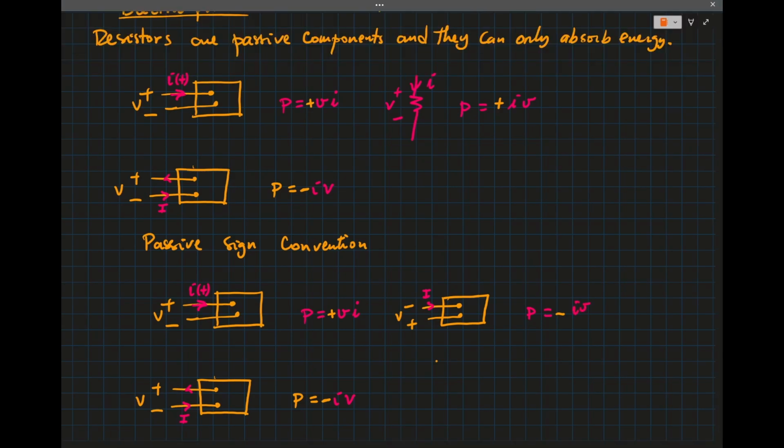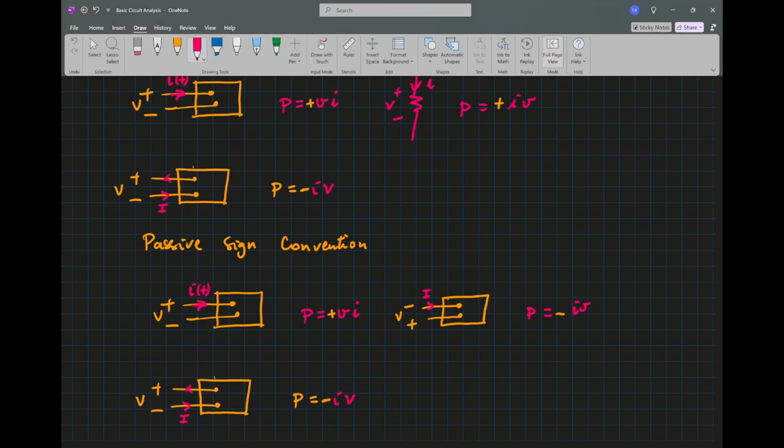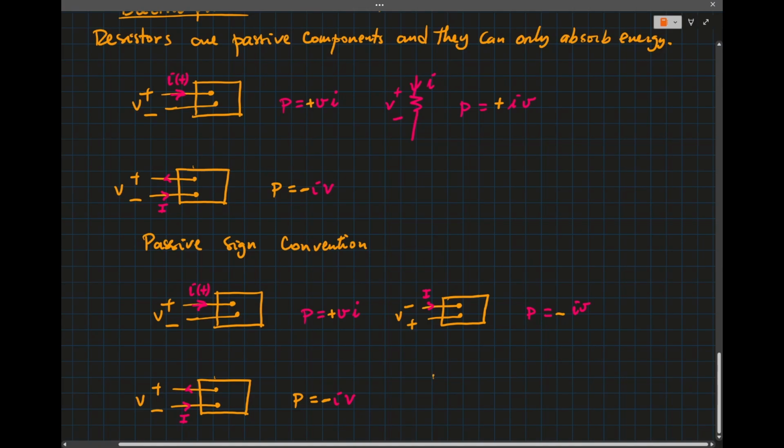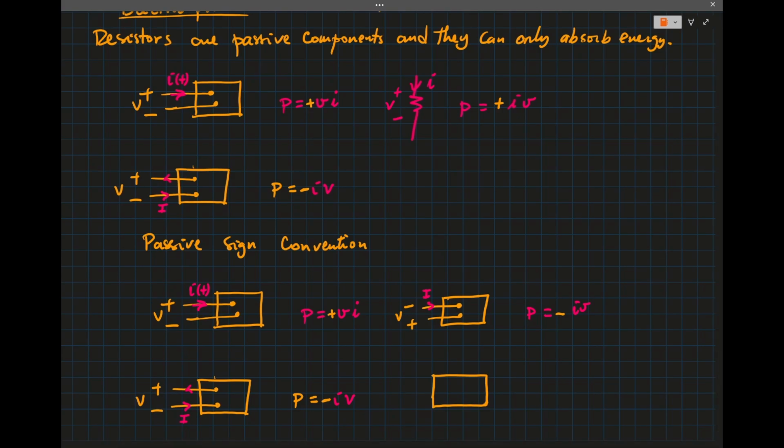But that doesn't mean that the power is negative yet. We have to calculate and see the actual value of P, and then we define whether the power is being supplied or being absorbed.